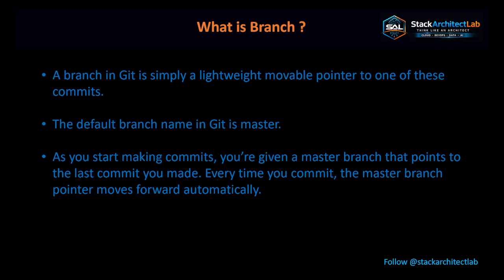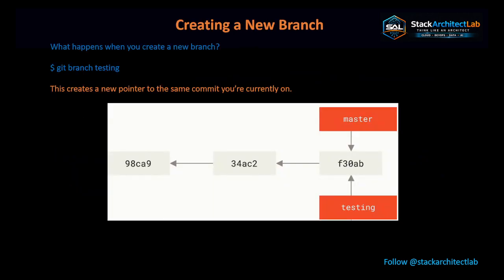People don't bother to change it, they keep it as the standard. And because in organizations we are very familiar with this terminology, we call it master. In some organizations, with some customers, people rename it as production. Some call it main. So based on your requirement, you can change that.